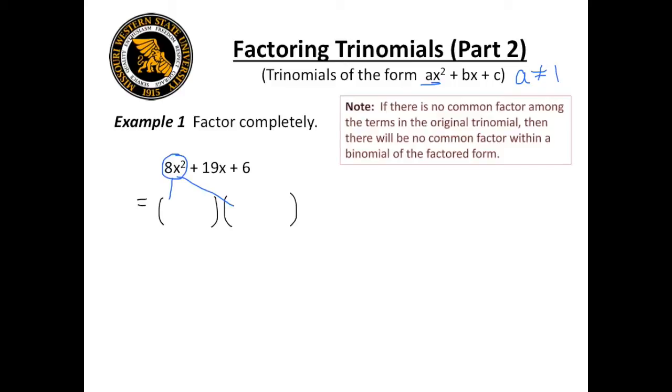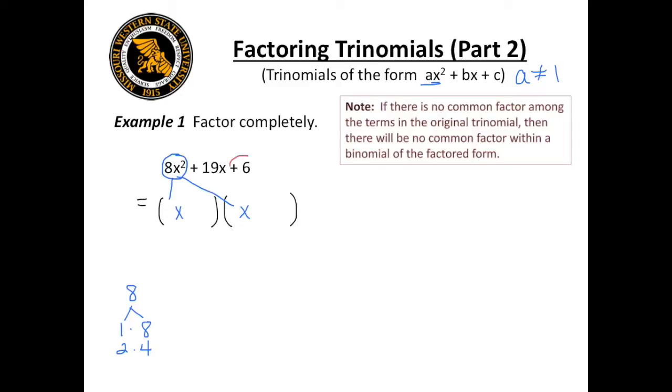So keep in mind that the factors of 8x squared must go in the front. So we know that there's going to be an x in both. But we have options for the factors of 8. You can get 8 by multiplying 1 times 8 as well as 2 times 4. So we have choices.